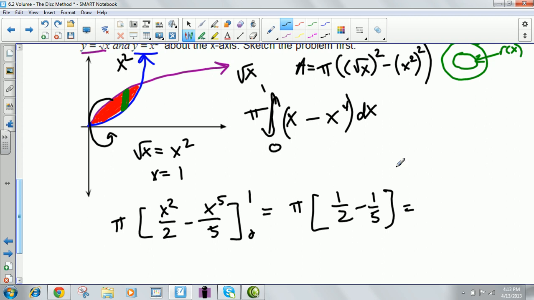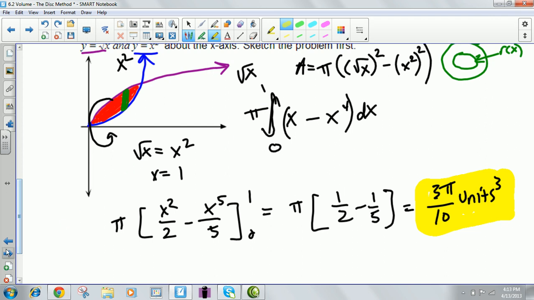And when you simplify that, you'll end up with just 3 pi over 10. And again, you might want to label it. It'd be cubic units. And that would be the volume of that shape, the total volume of that three-dimensional solid.